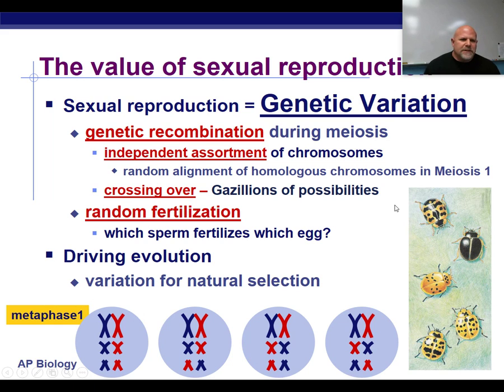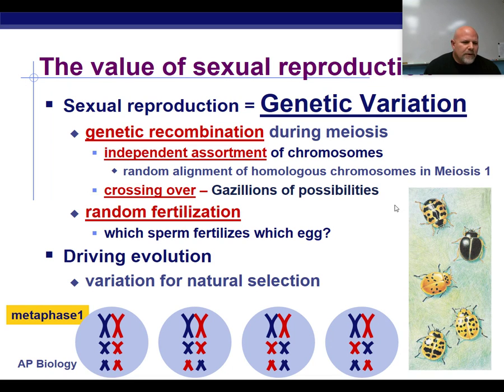Welcome to AP Biology. Today's video is going to be on the value of sexual reproduction. Sexual reproduction basically is designed to mix up our genes. We get a lot more genetic recombination because we're not just counting on mutations, but we're counting on stages in the meiotic process to actually mix up genes.